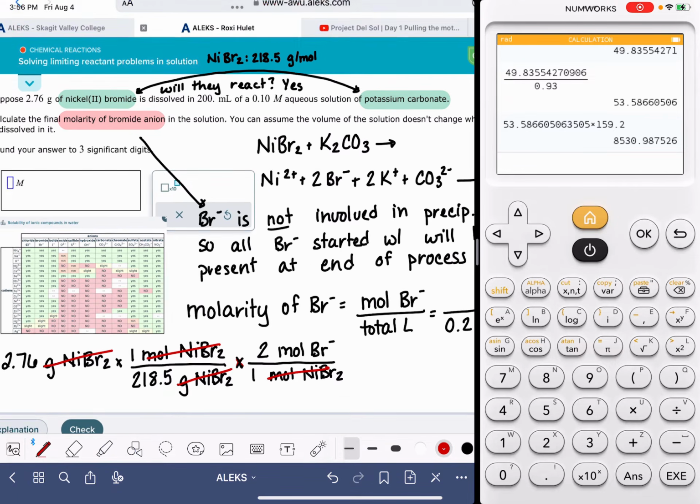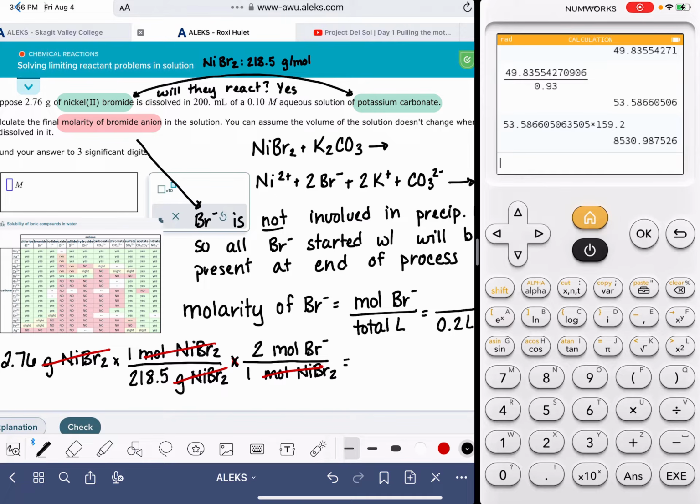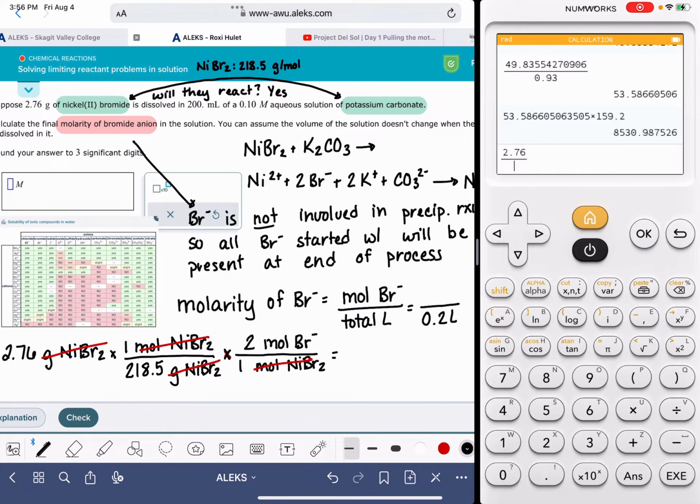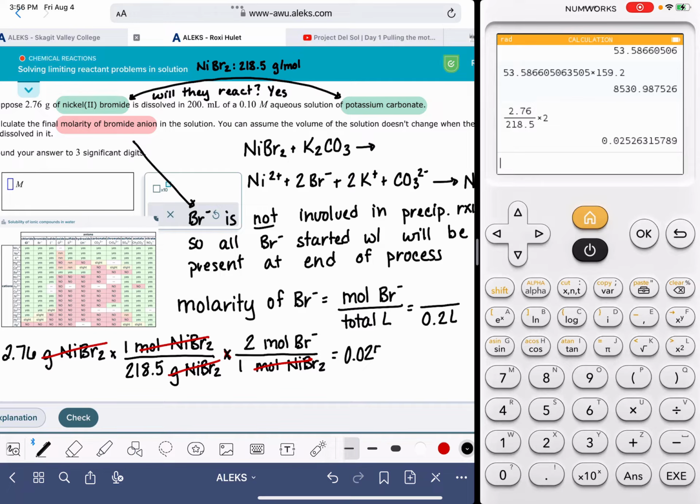So that's going to cancel out, and we can just use our calculator to work this out. 2.76 divided by 218.5 times 2 is 0.0253 moles of bromide. And we're going to plug that into our molarity calculation.